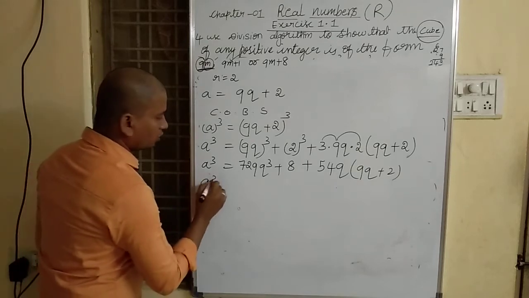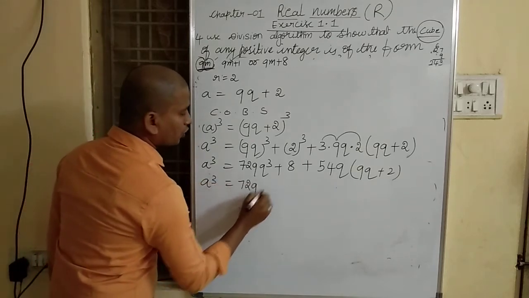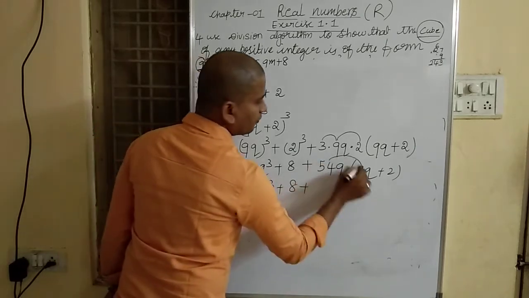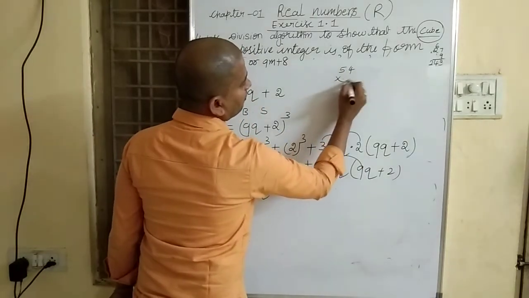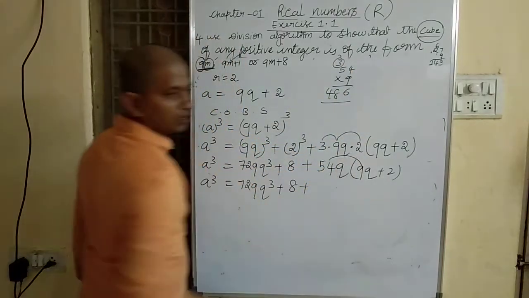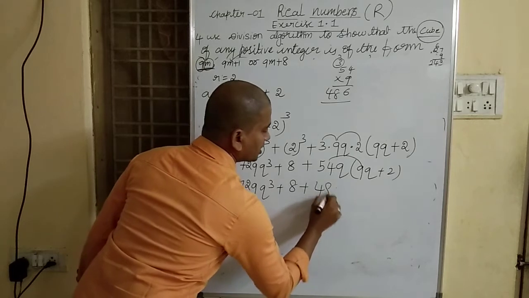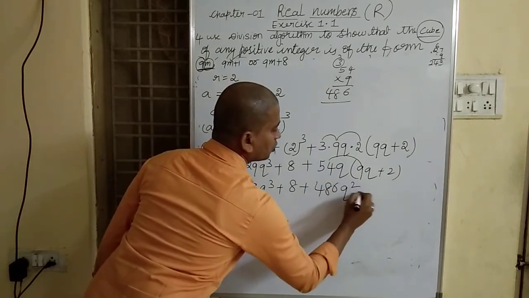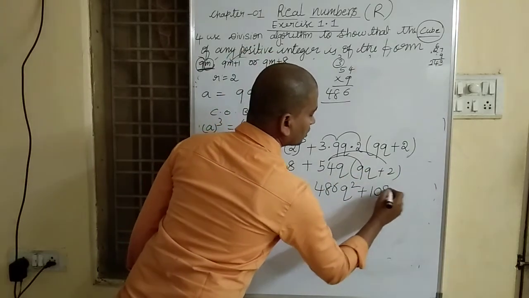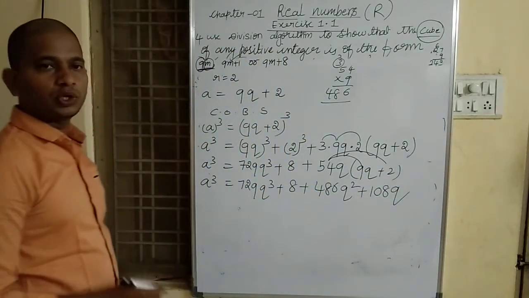So a cube equal to 729 q cube plus 8 plus 54 q into 9q. Multiply 54 into 9: 9 fours are 36, 9 fives are 45 plus 3, 486 q square, plus 54q into 2, that is 108q.